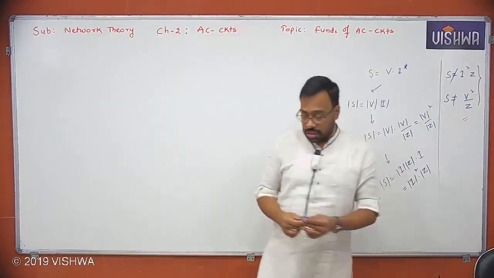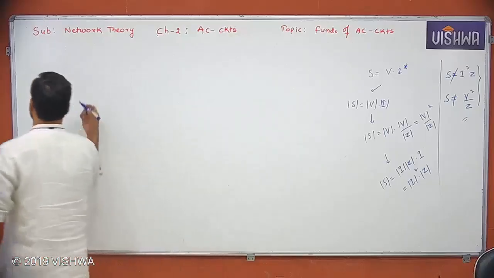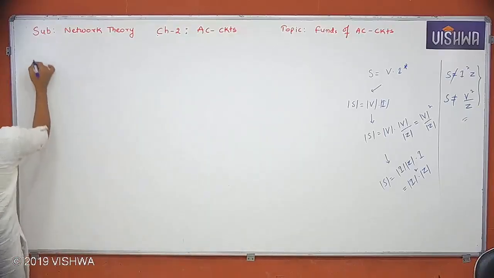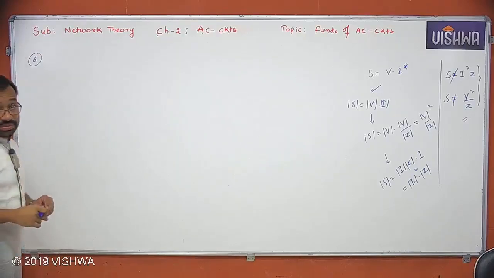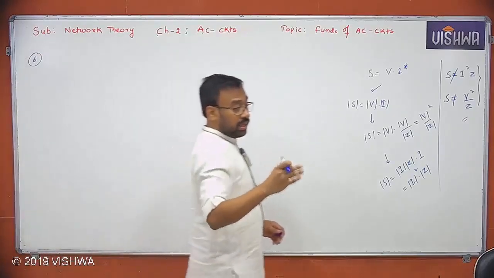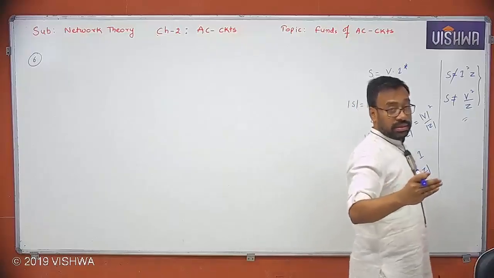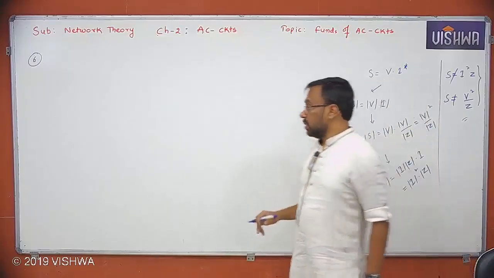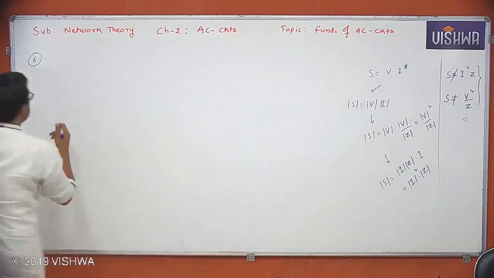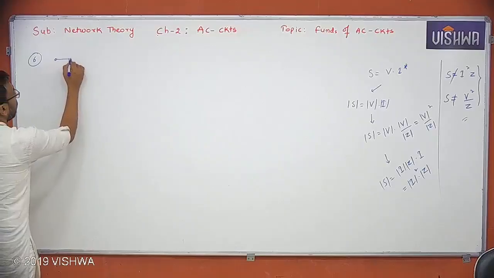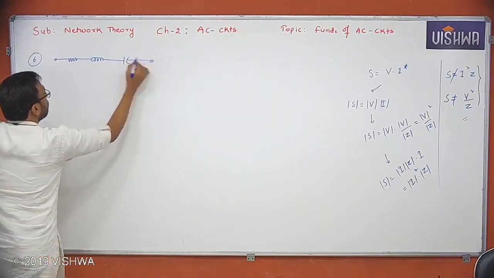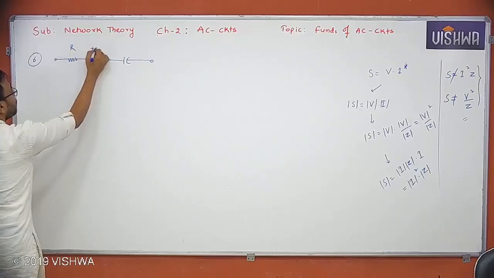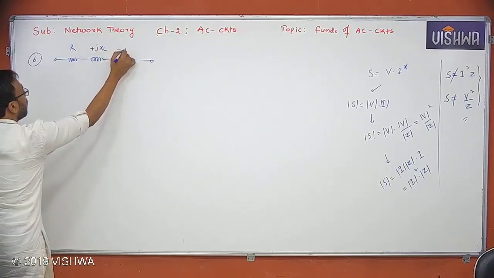Now let me work out on the RLC series circuit. This is the sixth one, I hope the previous one is the fifth one, right? R, L, C, RL, RC, 5 over, sixth one. Z is R plus JXL minus JXC.